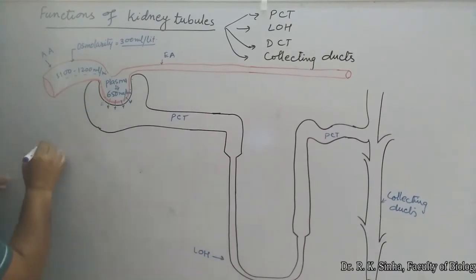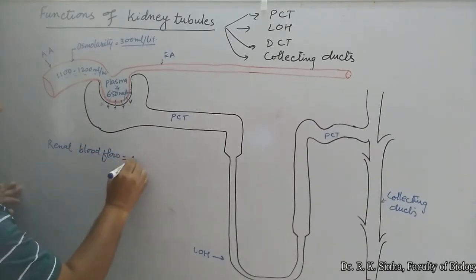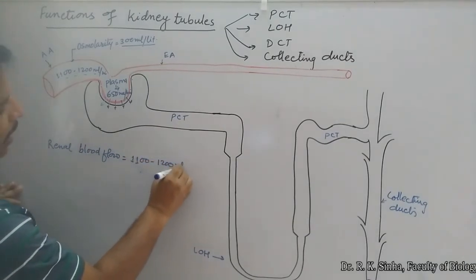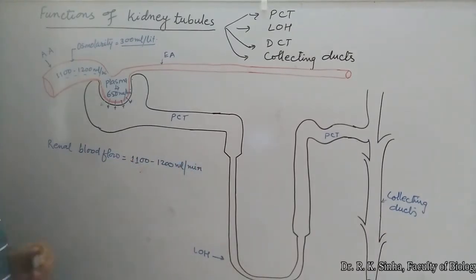So we know the renal blood flow. This is renal blood flow, and the value of renal blood flow is 1100 to 1200 ml per minute. And what is the renal plasma flow?